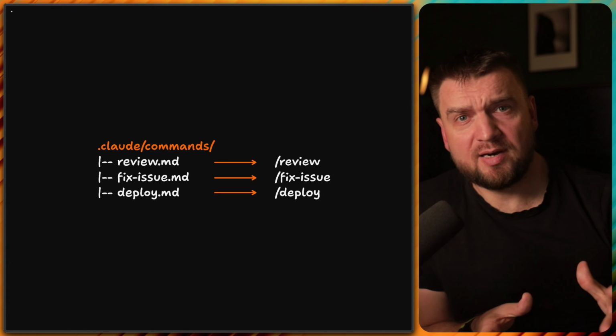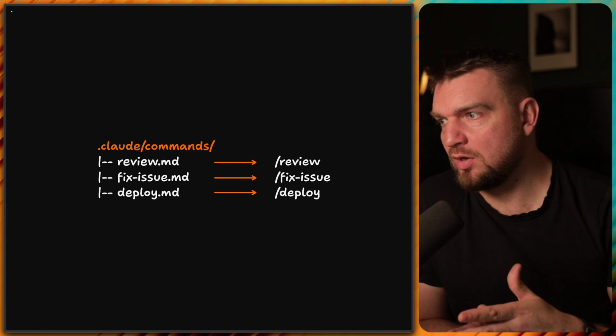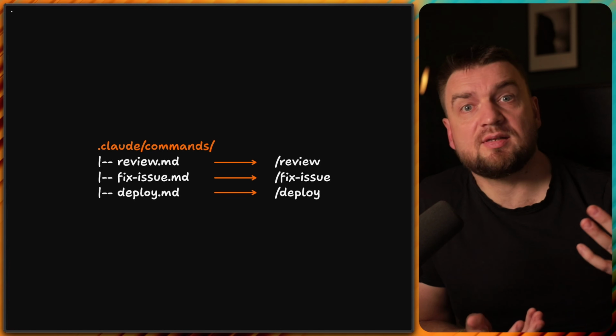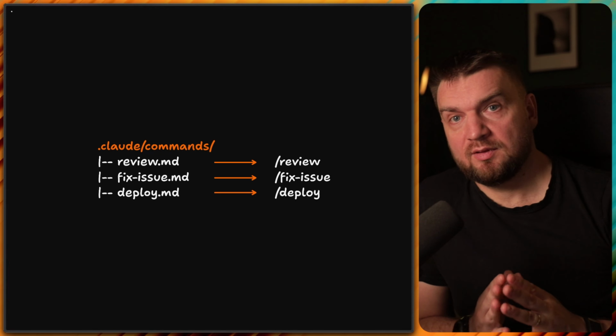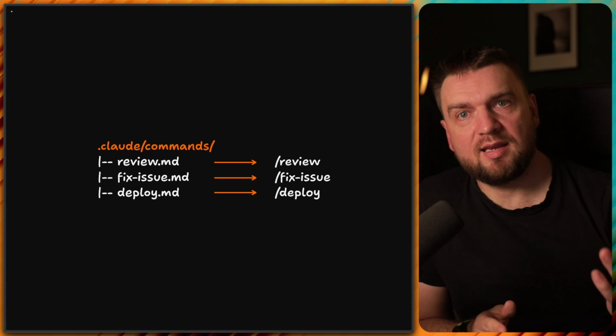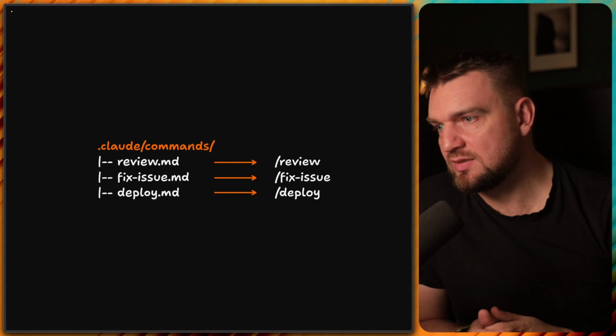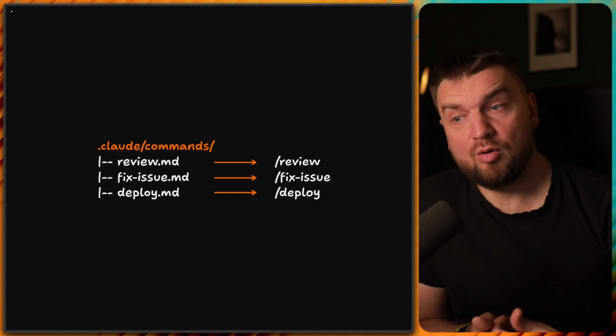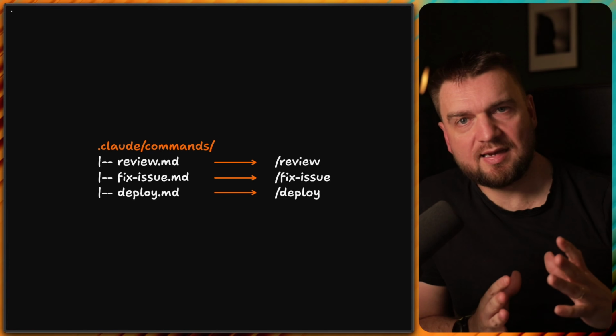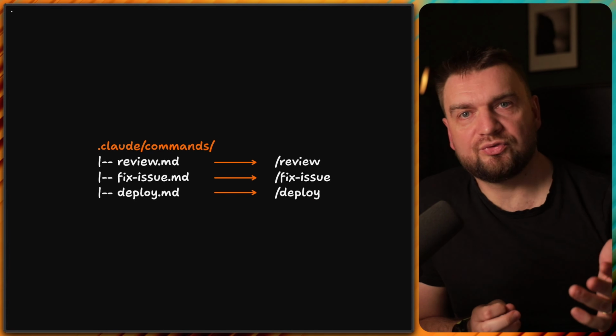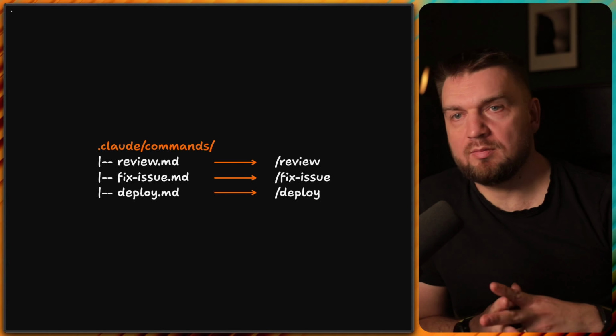Every markdown file you drop into .claude/commands becomes a / command within your Claude Code. The file name is the command name, so you can run them like /review, /fix-issue in this case, or /deploy.